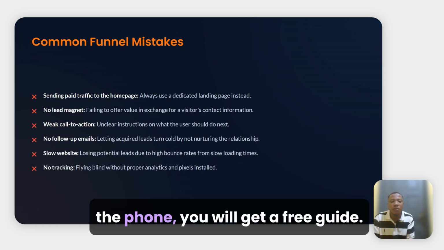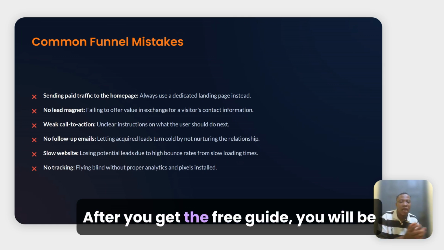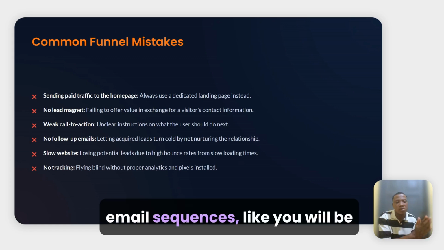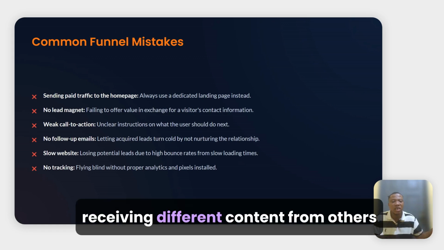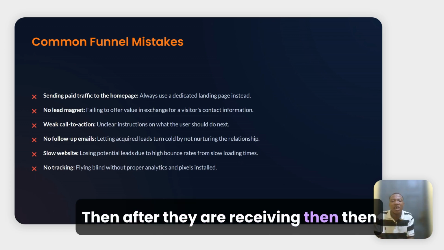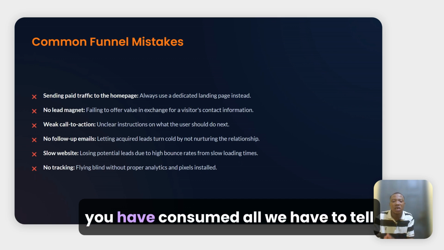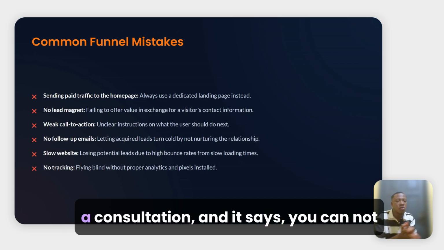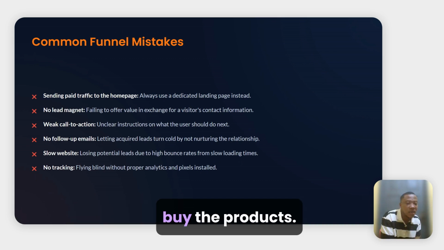Then after you fill the form you get a free guide. After you get a free guide you will be receiving email sequences, like different content for free. You understand? Then after they have received it, you can tell them, now that you have consumed all we have to tell you about this product, you can now book a consultation with us. You can now buy the product.